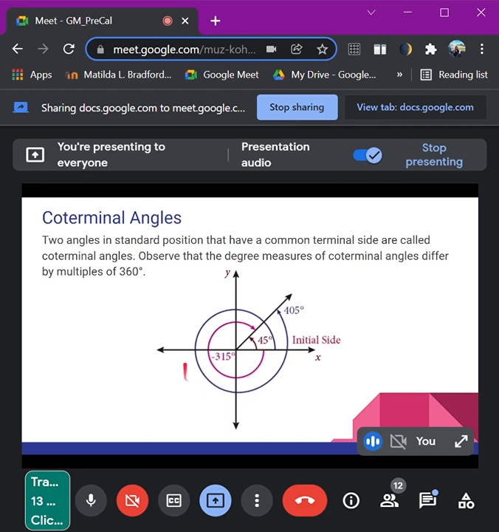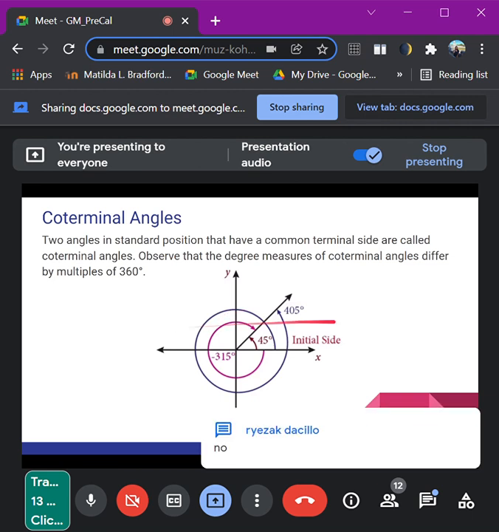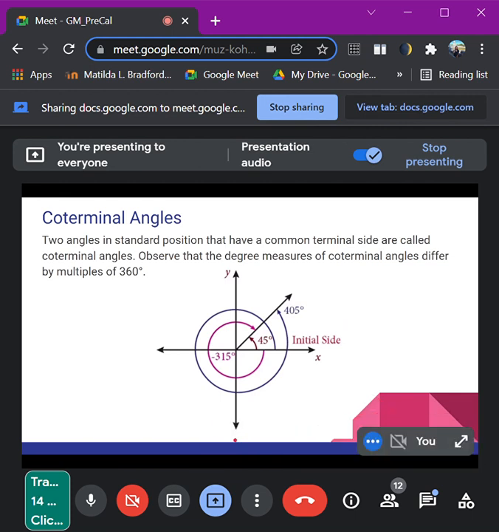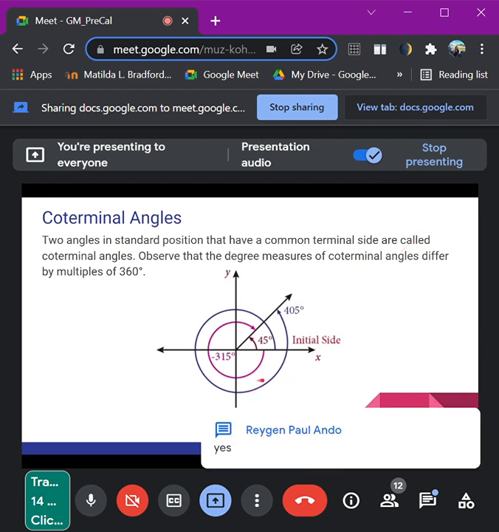Now, let's look at our 315 degrees. Is its initial side on the positive x-axis, class? How about the others? What do you think? Is it on the positive? Okay, the answer there is yes.